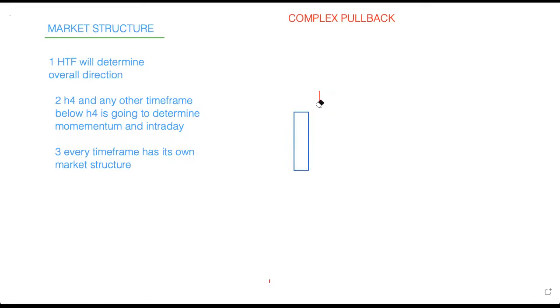But when a candle fails to come and close above like this, sorry, let me do this. When it fails to come and close above like this, then we can say that this candle has not been broken. Why? Because this body still remains below.